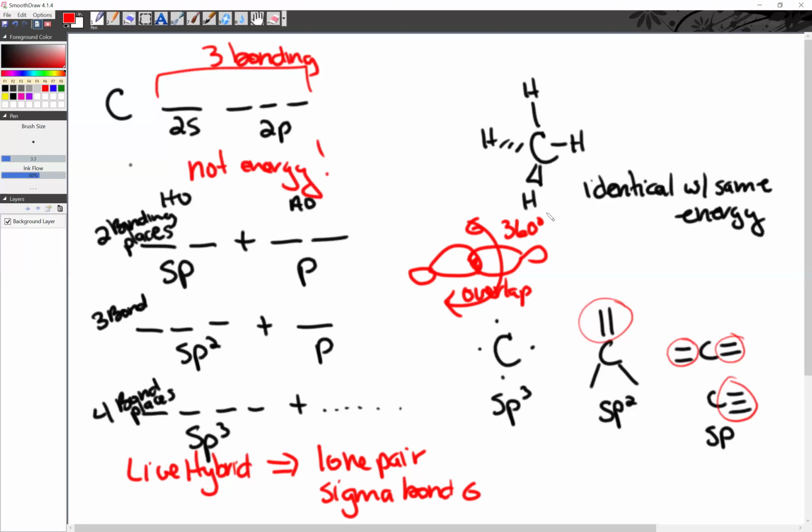A lone pair, of course, we've already seen those. So a lone pair would just be a lone pair, and that's what can live inside of a hybrid. Well, what can live out here in these leftover atomics? It can either be empty, or it can participate in something called a pi bond.